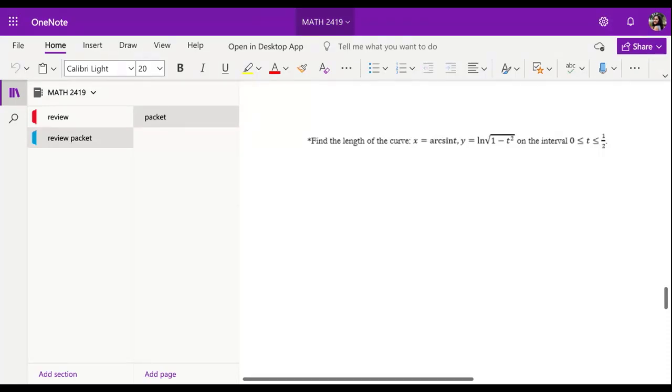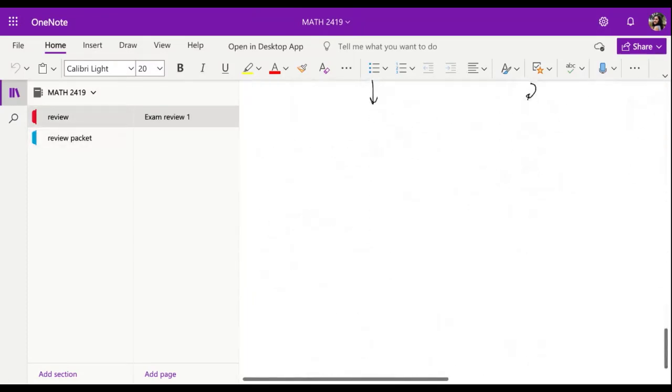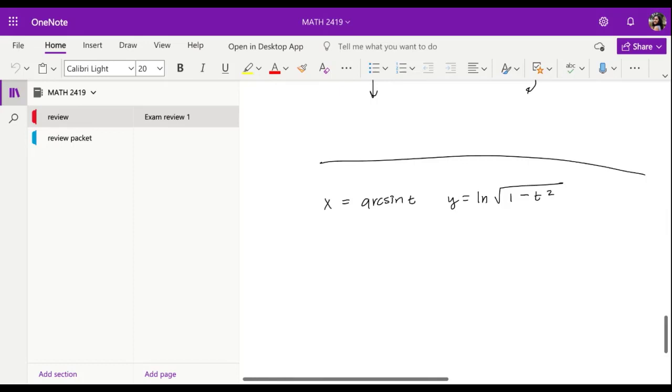So anybody remember the equation for arc length of parametric curves? So we have x equals arcsine t, y equals ln of square root of 1 minus t squared, and our interval is 0 to 1/2.